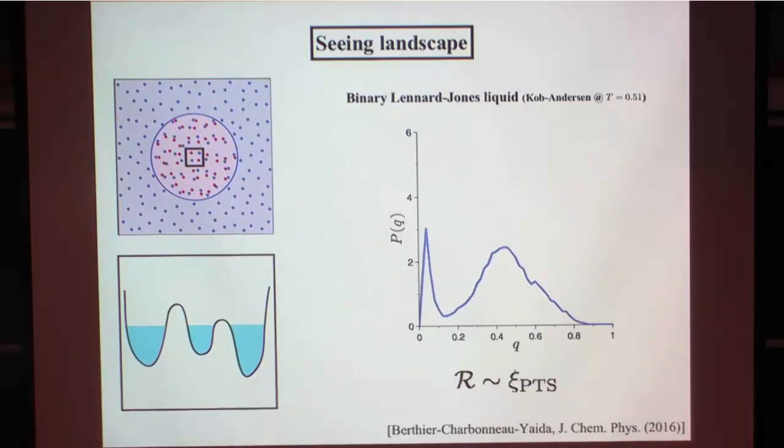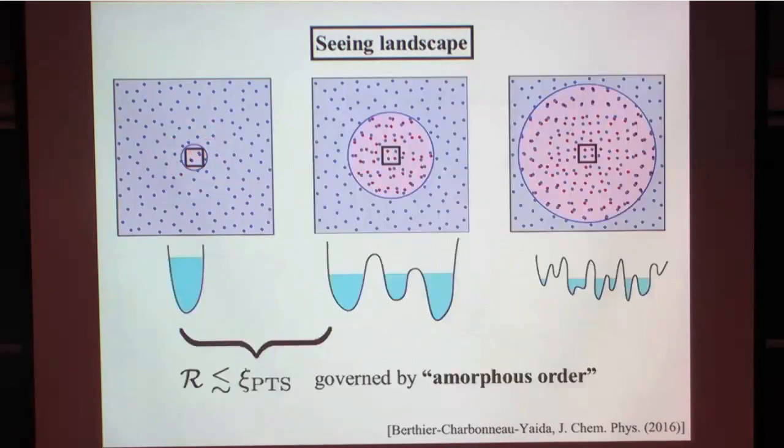Great. So we had this picture, one to few to many landscape, many states, and we bear it out by measuring this histogram of overlap. You can say that this system at length scales smaller than the point-to-set length scale is governed by amorphous order.